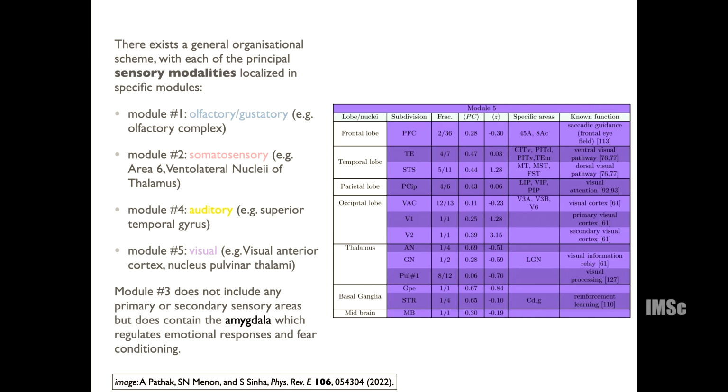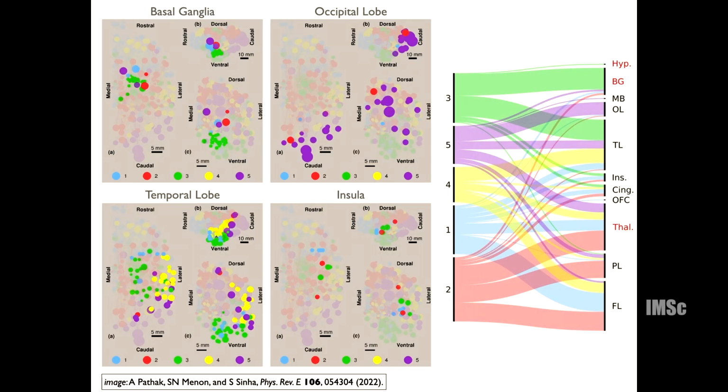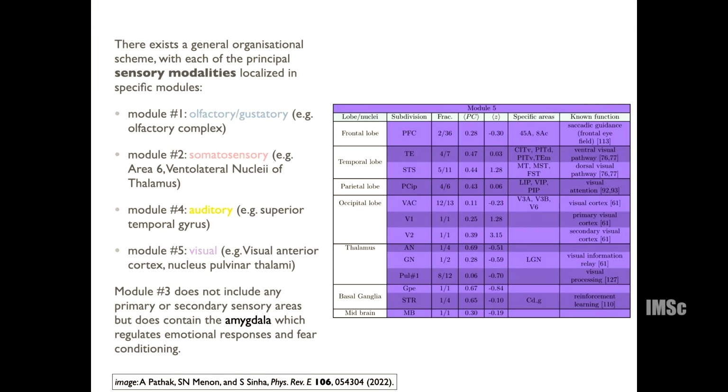So for example, this is from the paper, the nodes that belong to module 5, and this is just the breakdown. So this picture over here, the first column is basically module 5. There's a big bit in the olfactory, a bit in the temporal lobe, a bit in the thalamus, and so on. That's what is shown over here, and these are the corresponding subdivisions.